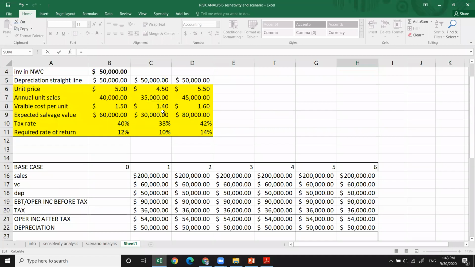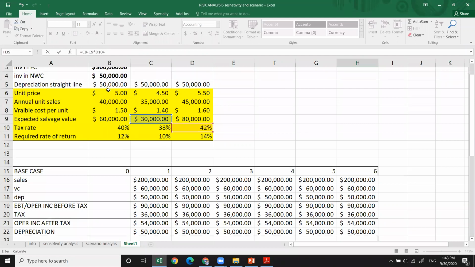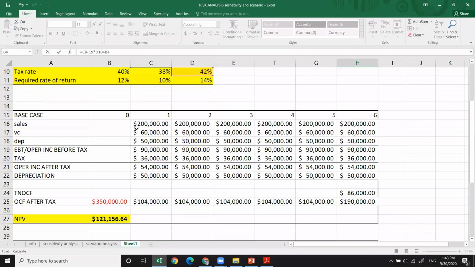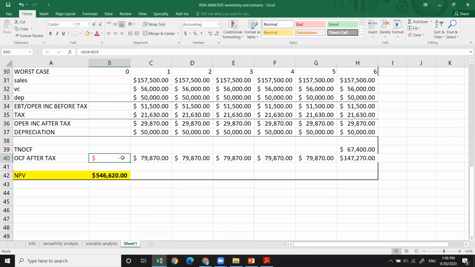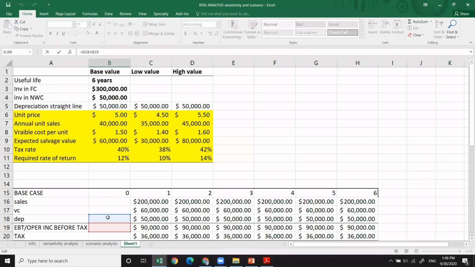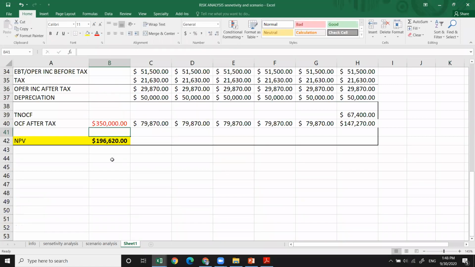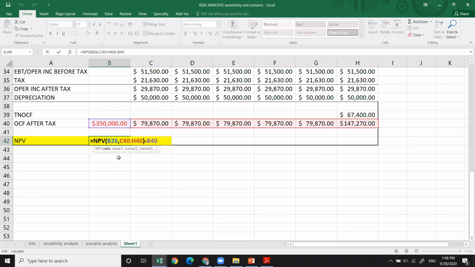So this is salvage value minus times the tax rate and plus the change in net working capital. And my investment cost is this.